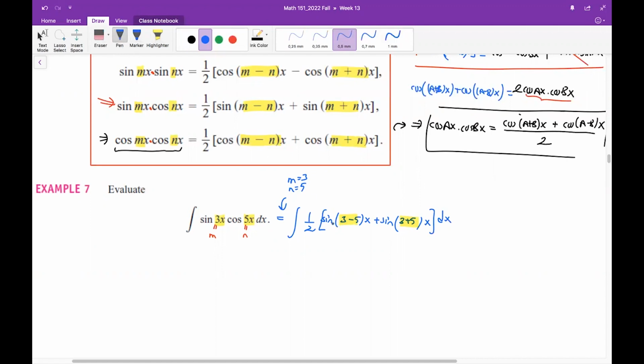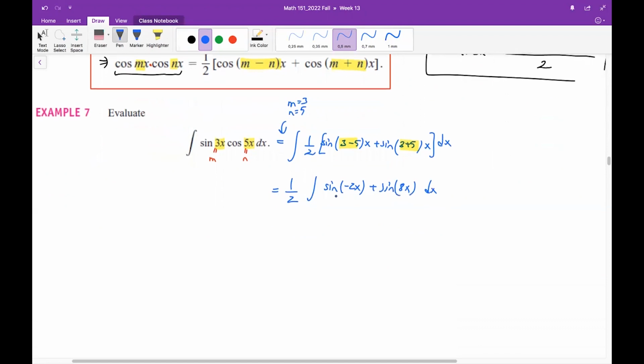Then integrating sine of some coefficient times x is not that difficult. So let's integrate it. 1 over 2 goes out. What we have here is the integral of sine(minus 2x) plus sine 8x, dx. And these are simple functions to integrate. How do you integrate sine? Let me do a very quick recall here.